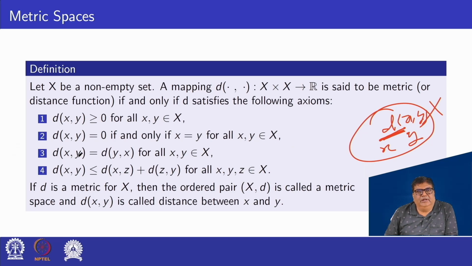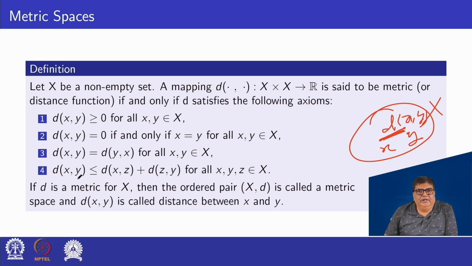Third condition, d(x,y) is equal to d(y,x): if we measure the distance from x to y or y to x, there is no change. It means d(x,y) equals d(y,x) for all x, y belonging to X. x and y should be in the same domain.